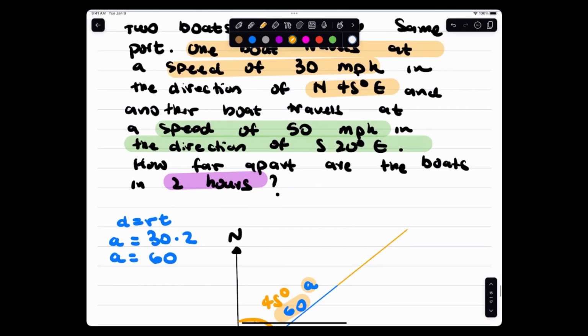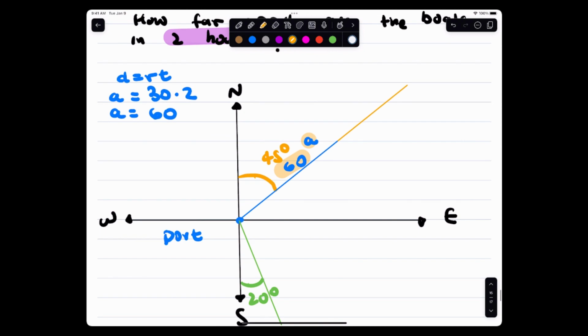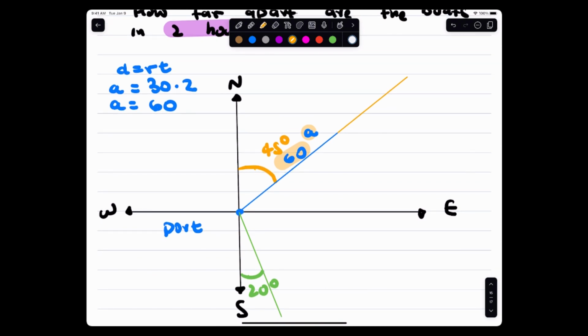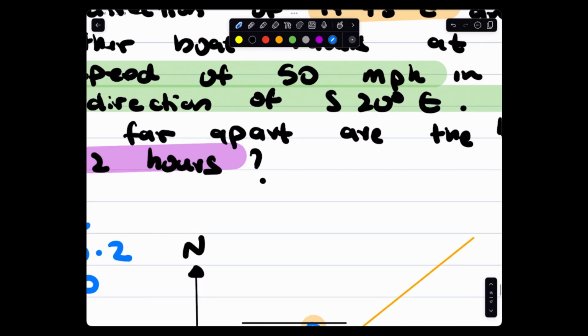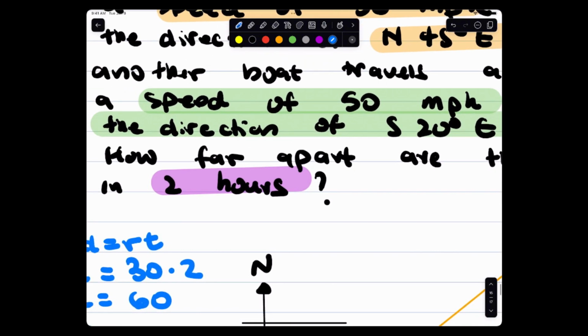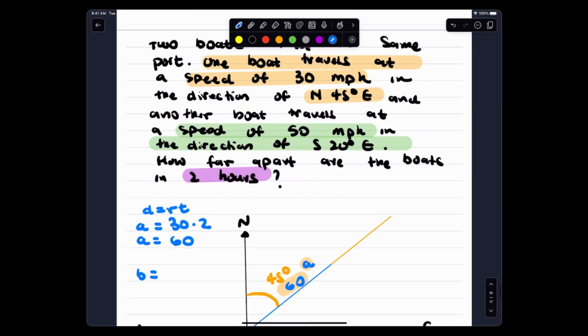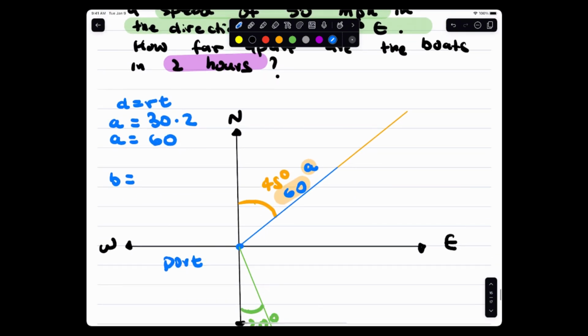What's the other boat? Let's call the other boat B. What's the rate for the second boat? Well, the rate is 50. What's the time again? Is that 2? So this would be 50 times 2, sorry.